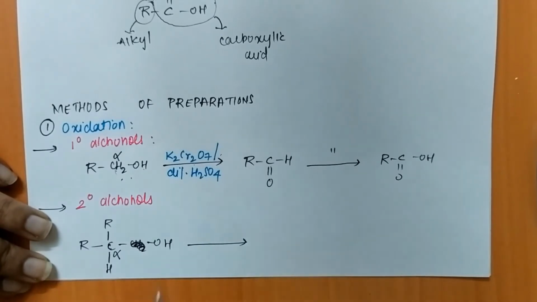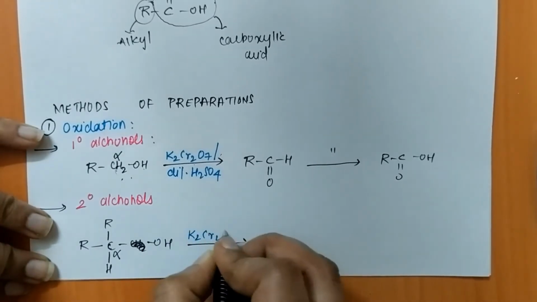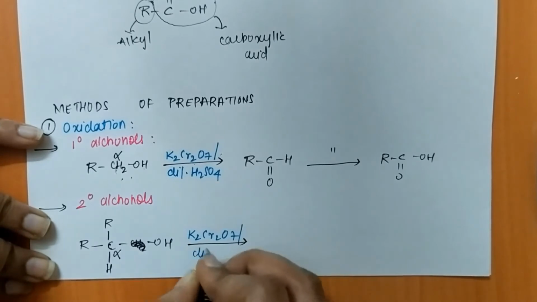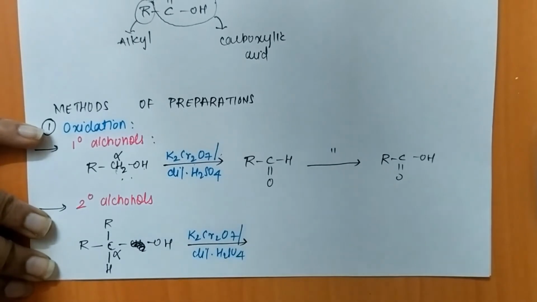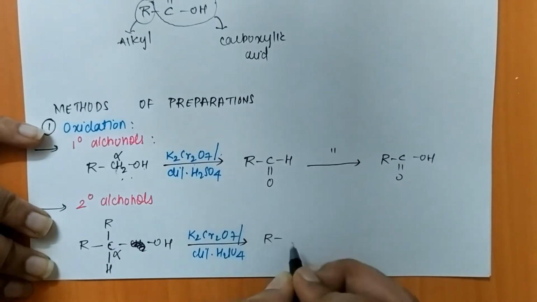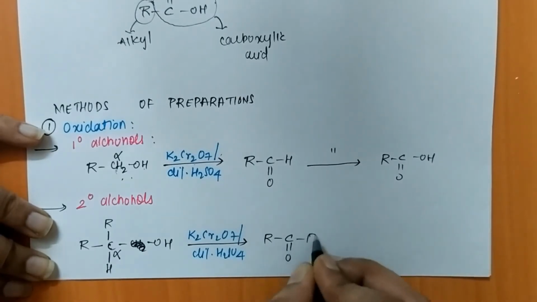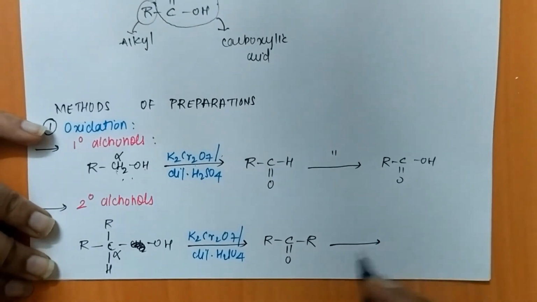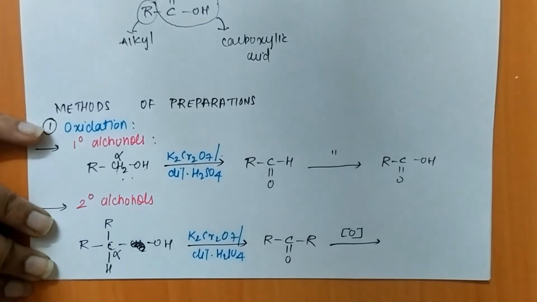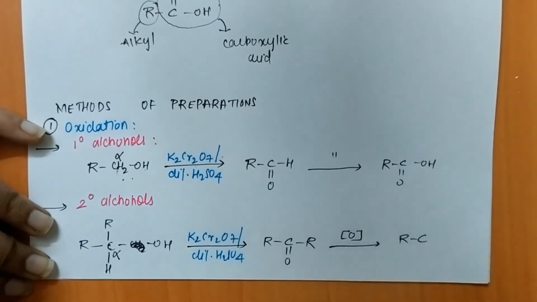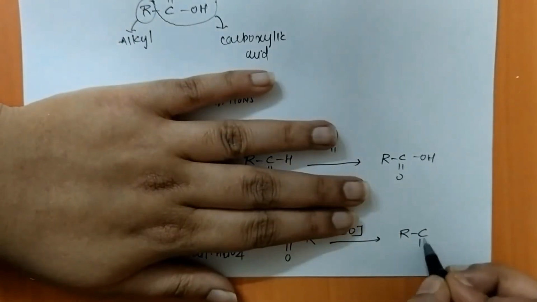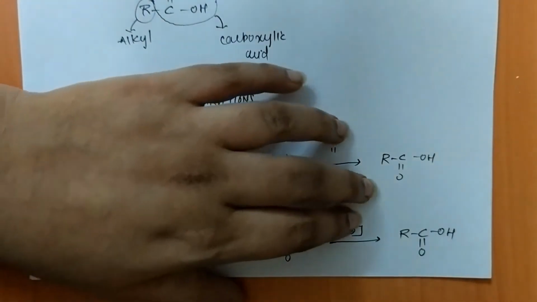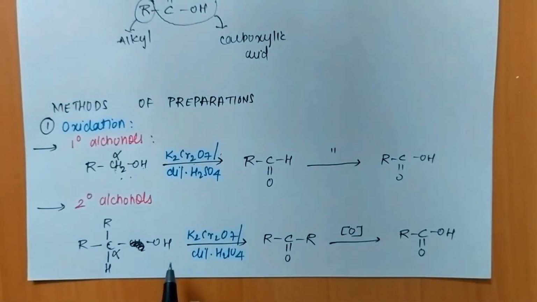So it will react with the same reagent, K2Cr2O7 in the presence of dilute H2SO4, which ultimately gives us a ketone, RCOR. This ketone reacts with nascent oxygen, which ultimately leads to the formation of a carboxylic acid. This is how you get a carboxylic acid from the secondary alcohols.